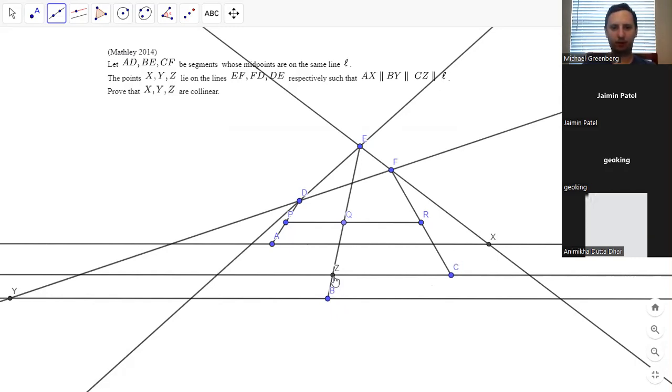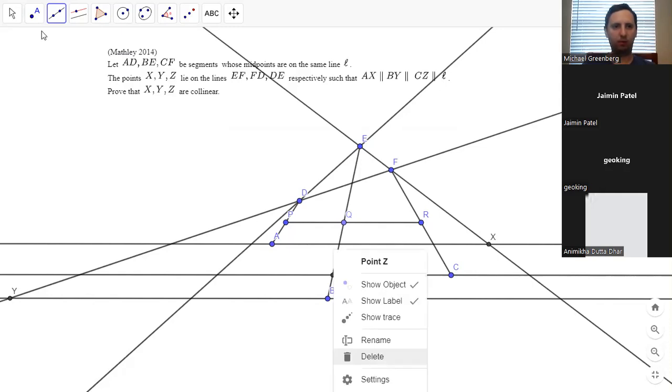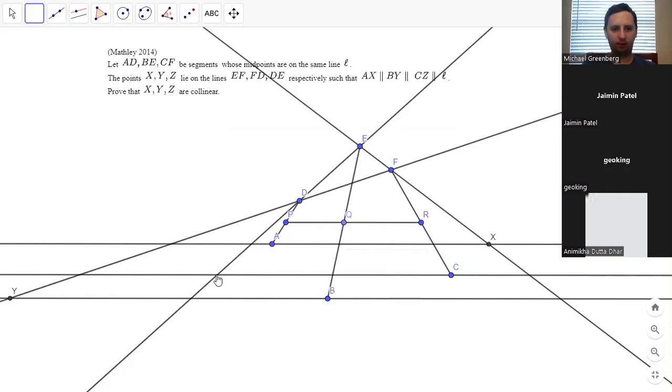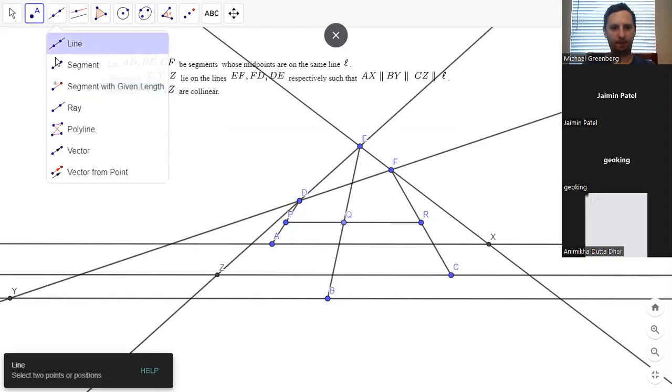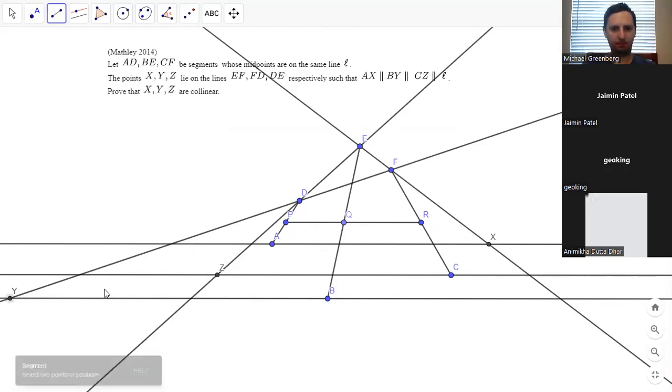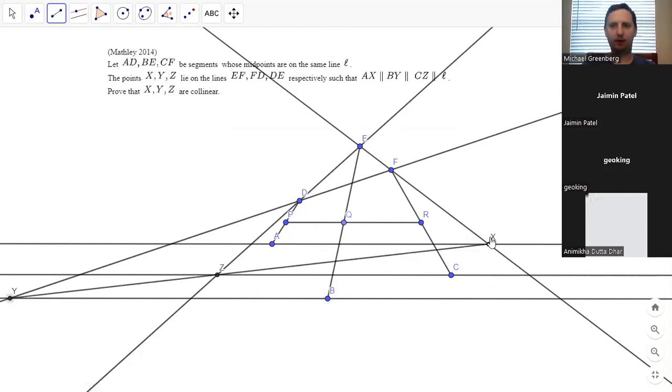Whoops. Okay. So this is X. This is Z. And then X, Y, and Z should be collinear. All right. So that's what we want to prove.